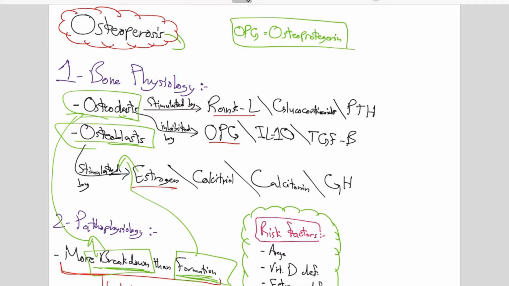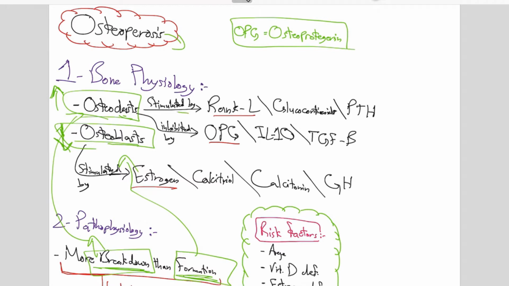For osteoporosis to occur, you need to have more breakdown than formation. That means we need to have more osteoclasts acting on the bone than osteoblasts. So if there's more osteoclasts and less osteoblasts, this could predispose us to osteoporosis.